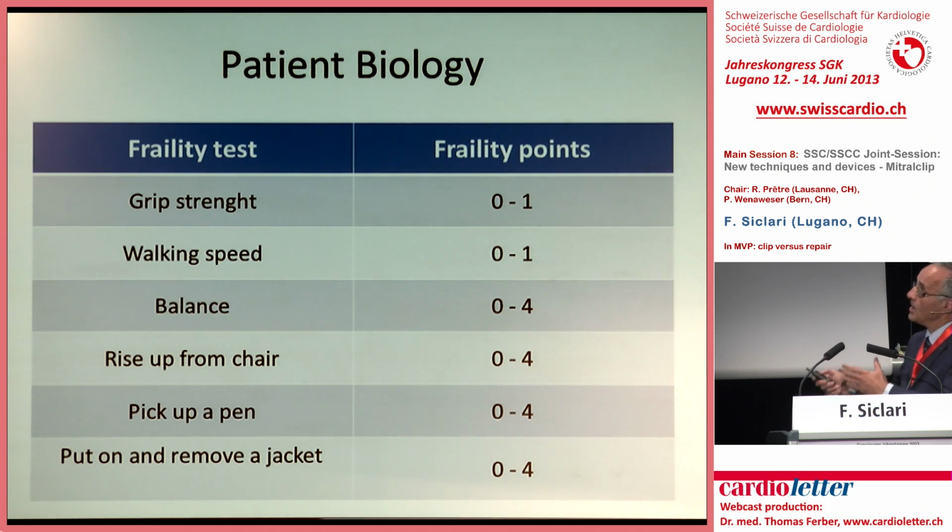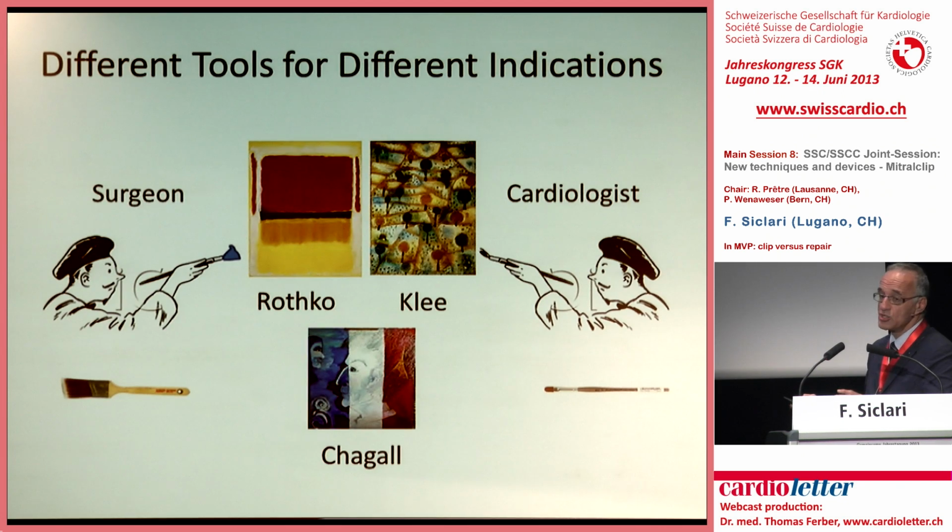We should also go beyond the score systems that we have nowadays, which I think do not reflect exactly the real risk of the patient, and I think that patient biology should be addressed much better.